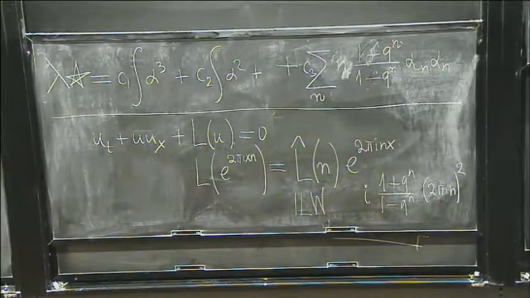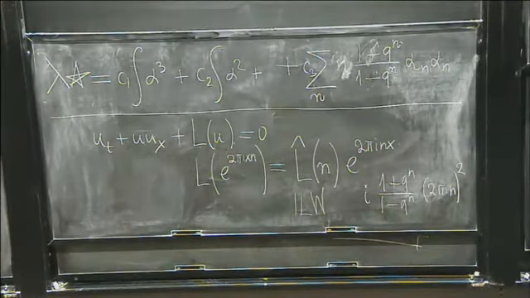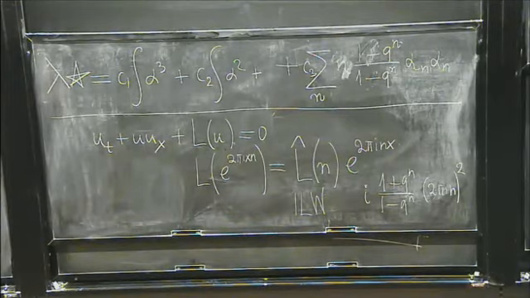And if you think of this equation, if you want to generate this equation with this Poisson bracket, then this should be your Hamiltonian.